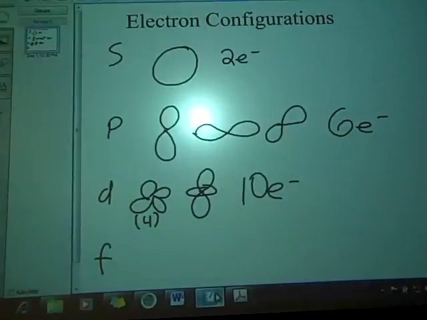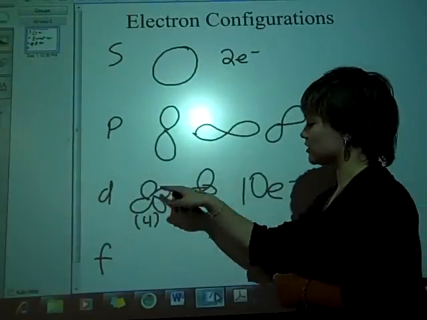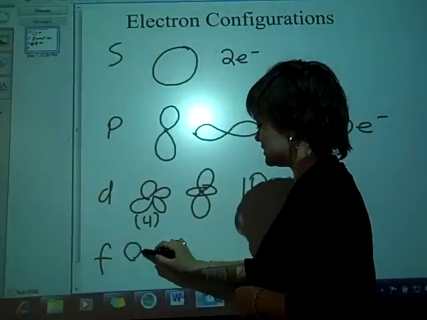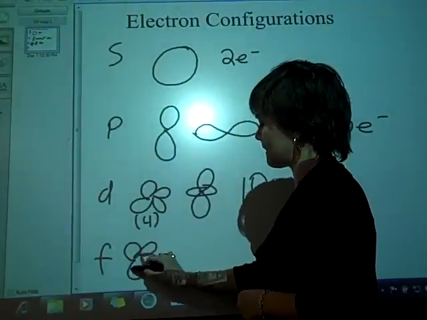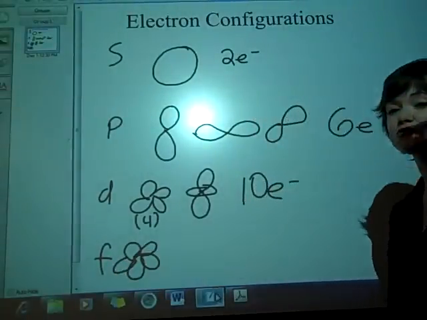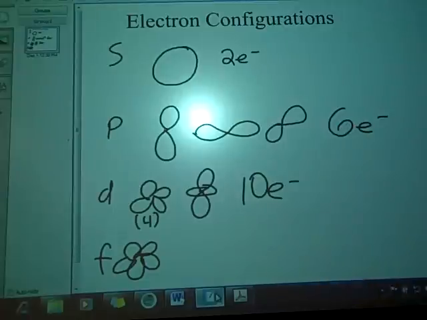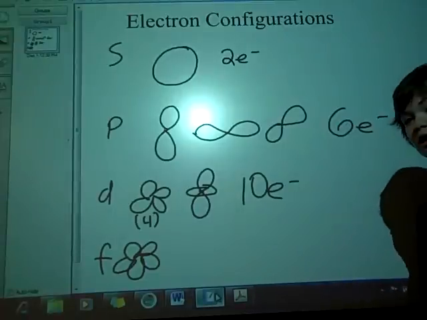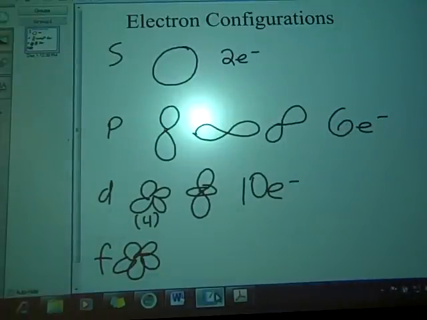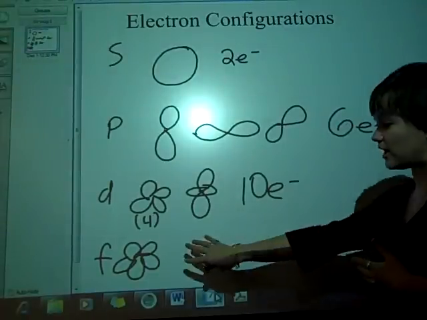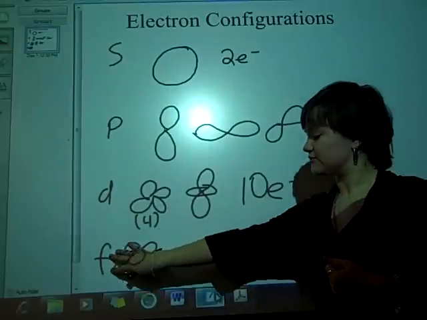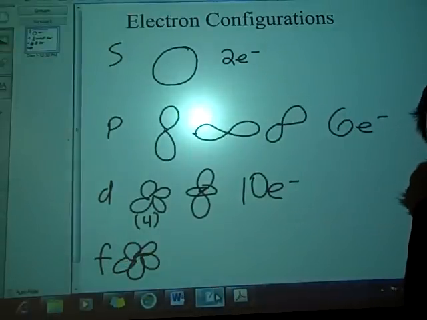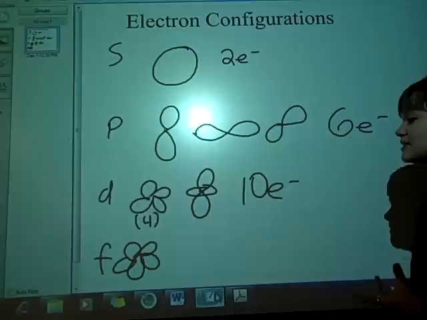Last, our penthouse suite is the F orbital. Instead of a 4-leaf clover like this, it's actually a 5-petaled flower. And again, I know I'm not drawing these on the pretty little x and y axis. This is just to give you an idea of the shape. So I have these flowers. That's usually how the F orbital is described, a 5-petaled flower.